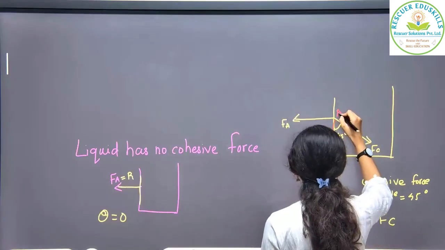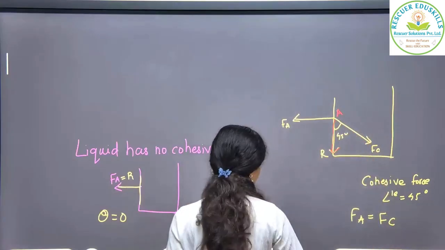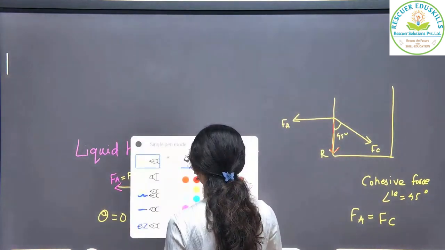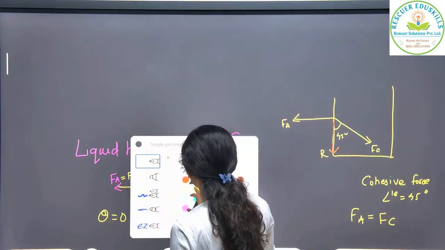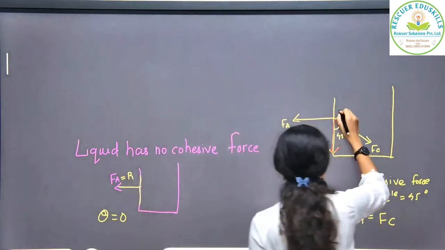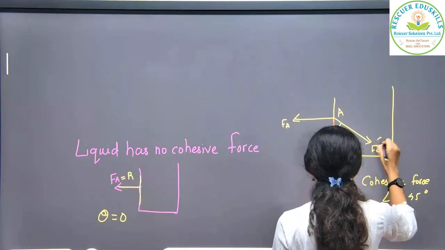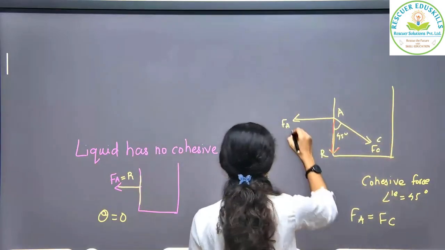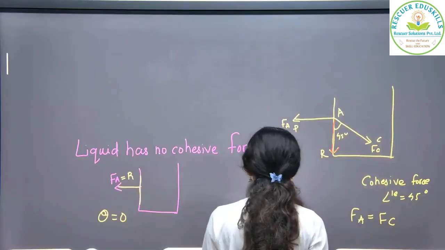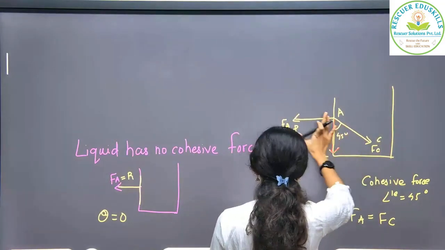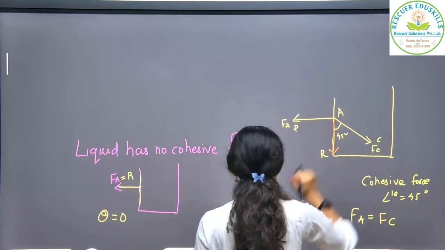Let's say this is A, this is R and this is C, and let's say P. Now we are going to shift this vector here, putting this AP here.